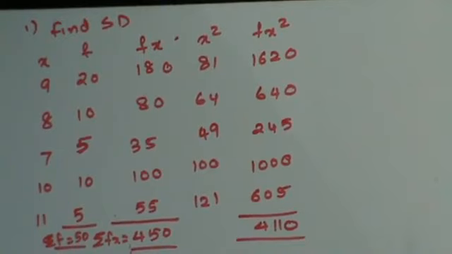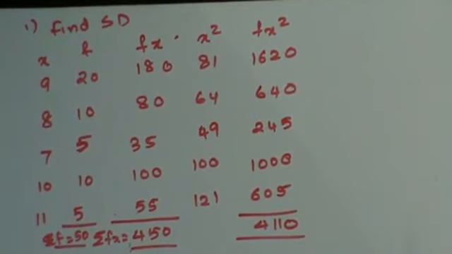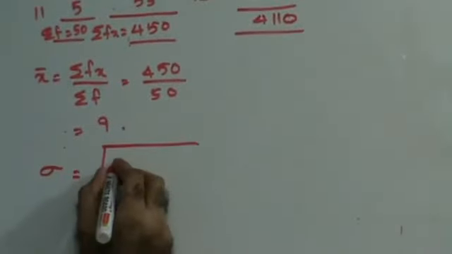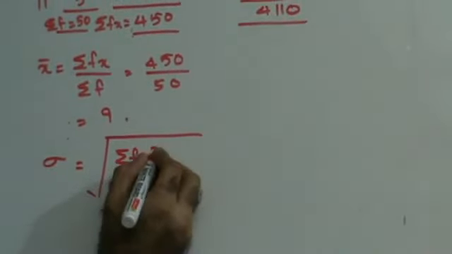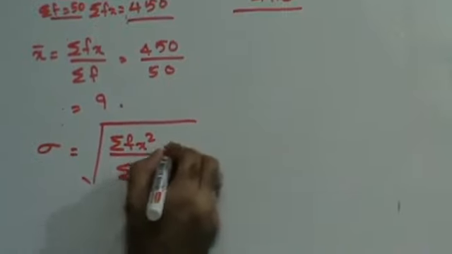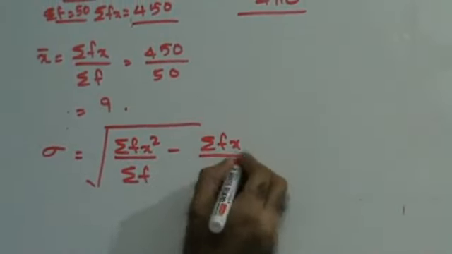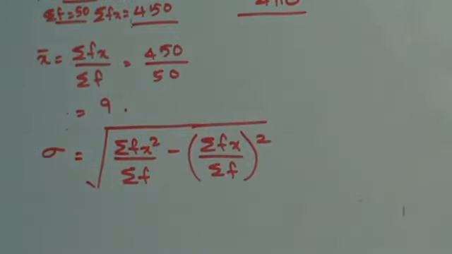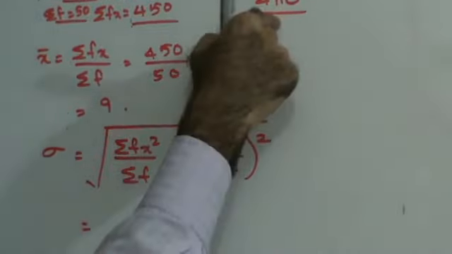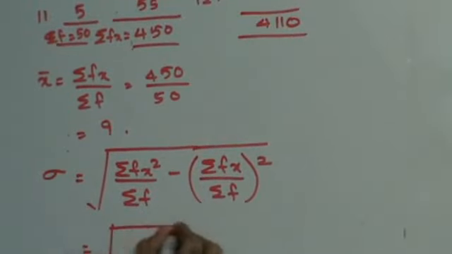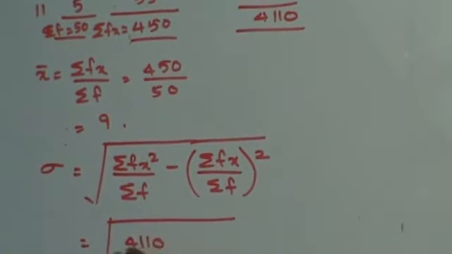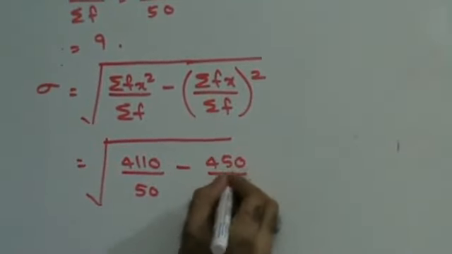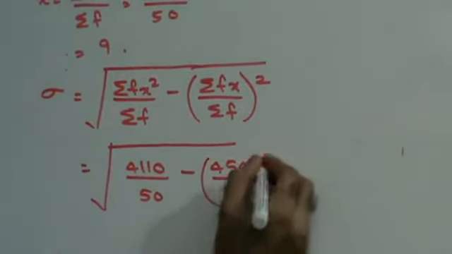Right? Now, when you have group data, you can find out standard deviation by using the formula. Standard deviation is square root of sigma fx square upon sigma f minus sigma fx upon sigma f the whole square. So that is sigma fx square is this. So square root of 4110 divided by 50 minus 450 divided by 50, the whole square.